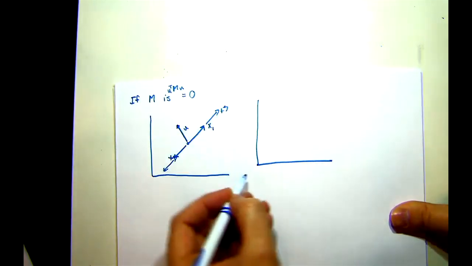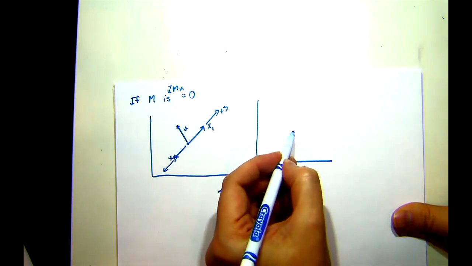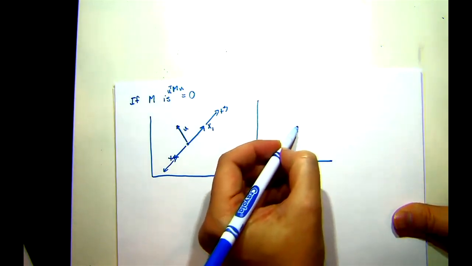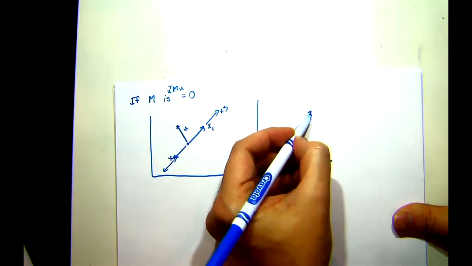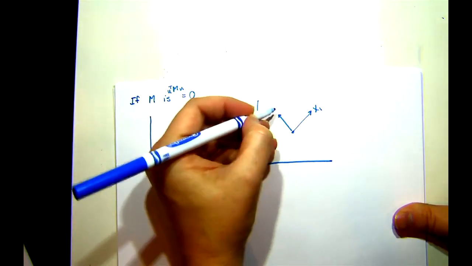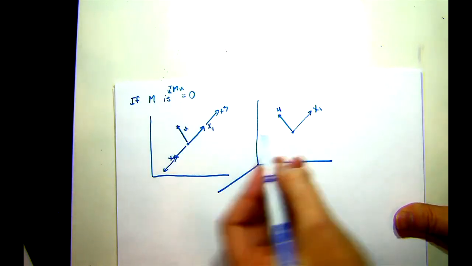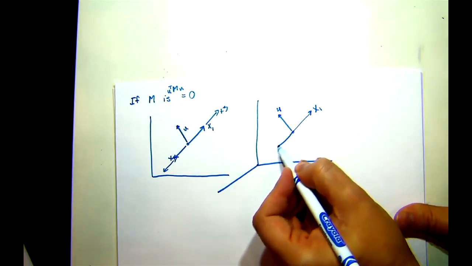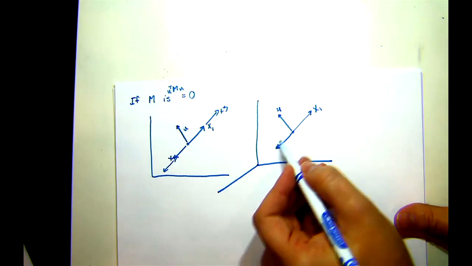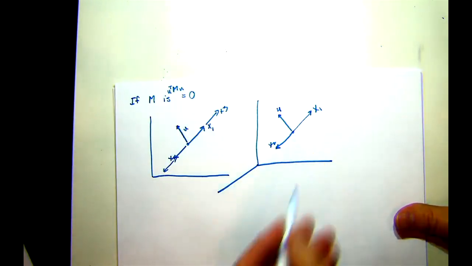We can try to draw 3 dimensions. It's a little harder, but again, you're going to have some x1. You'll have to choose a u that is perpendicular to that. And then everyone is going to be either, if x1 and x2 are linear with each other, they'll be like that.